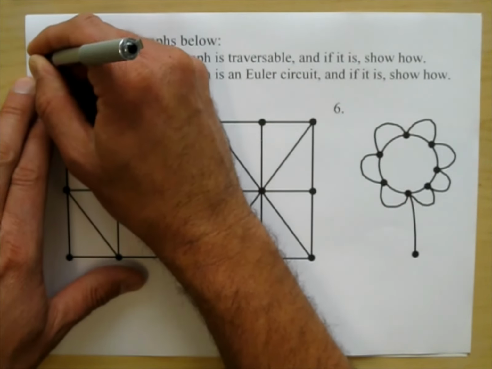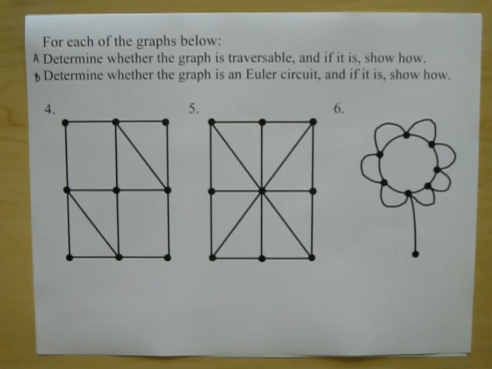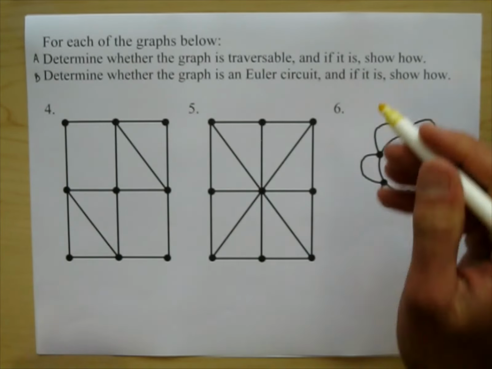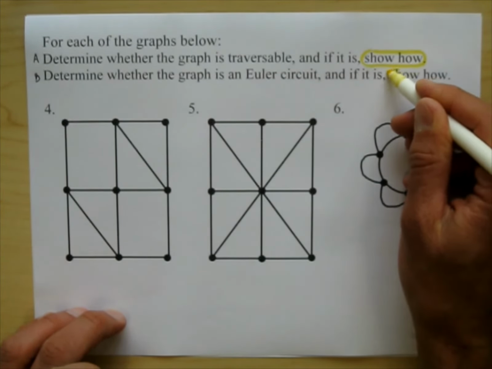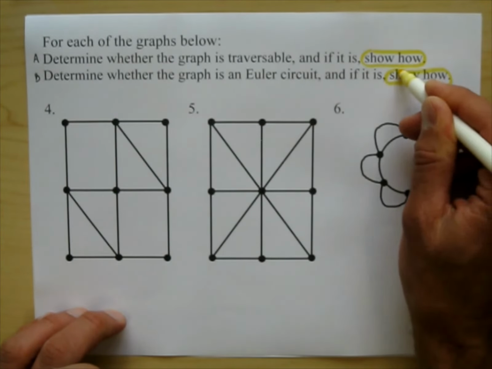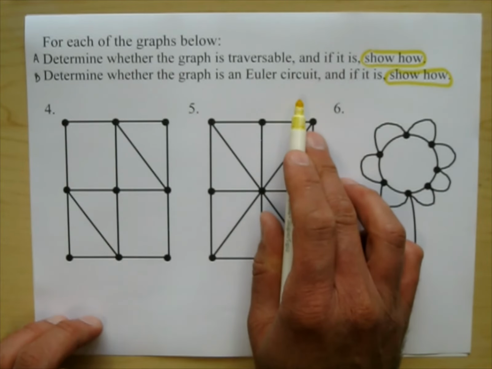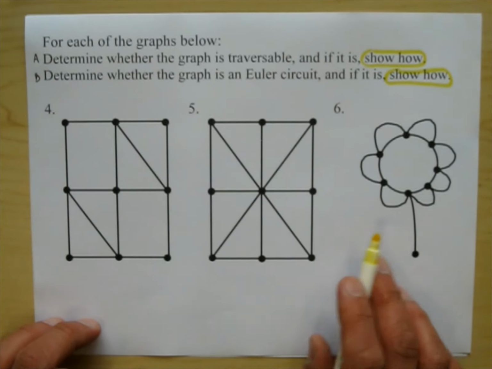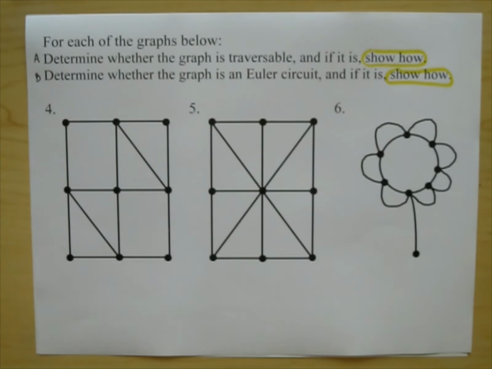So here's A, here's B. Now this show how is good to know how to do, but when the test comes, I'm just going to be asking you the first part. Is the graph traversable? Is the graph an Euler circuit? I'm going to show how when we do some of these. You know, I think on the 7 and 8, I don't know. We'll see how complicated the graphs are.